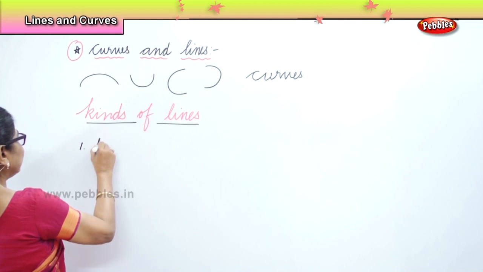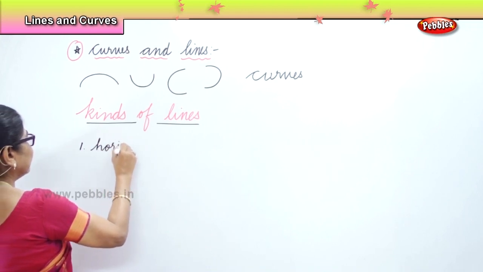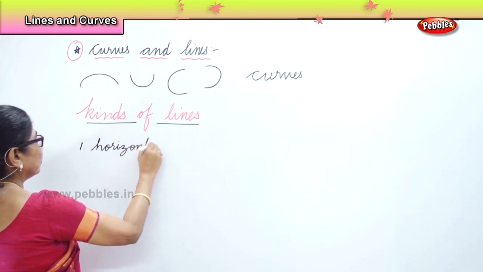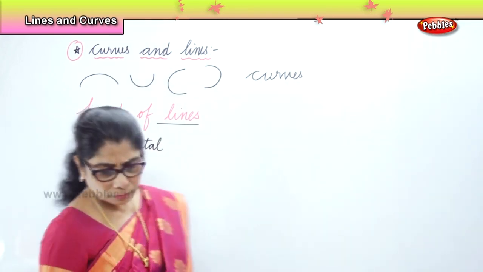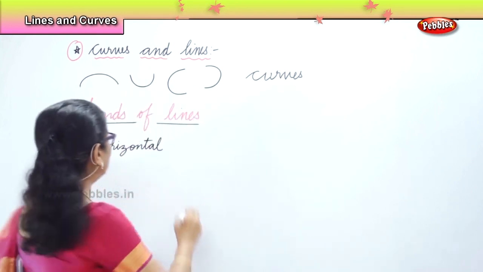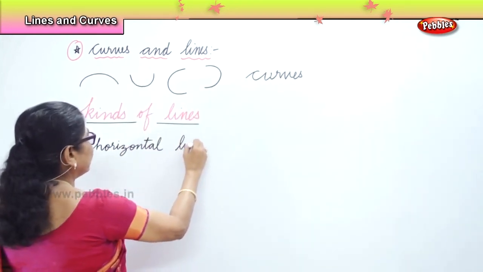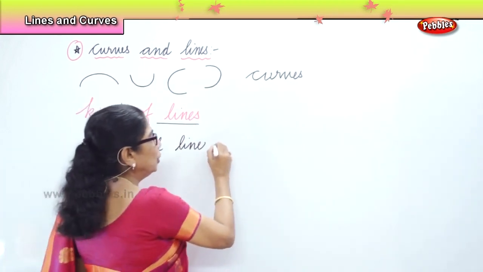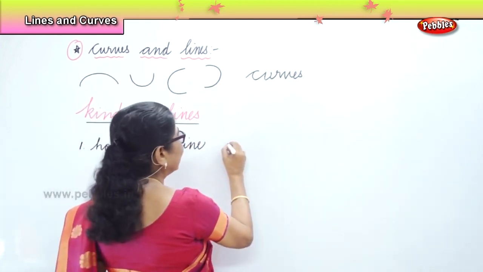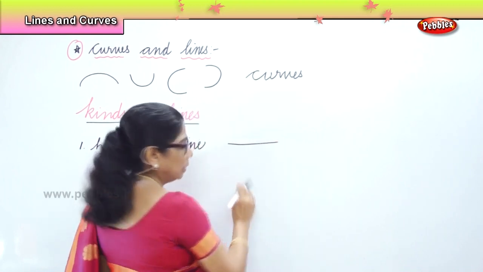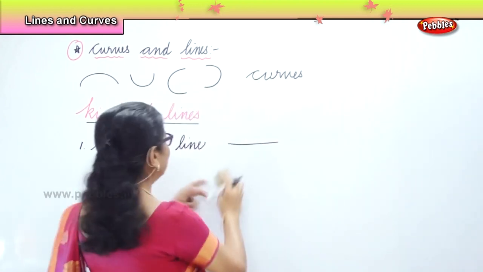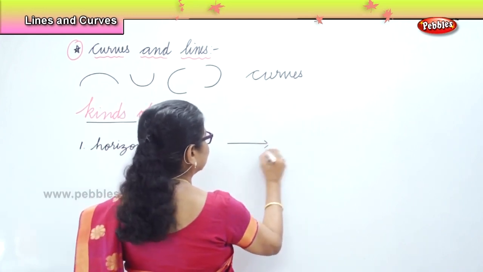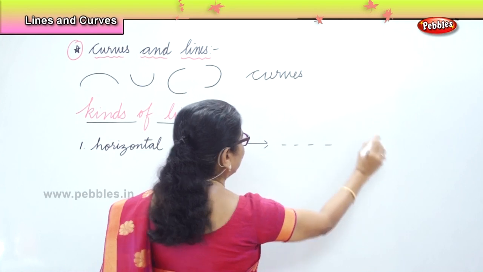One, horizontal line. Okay, now the horizontal line you need for drawing. It goes from your left to right. Horizontal line. Like this, it goes on and on.